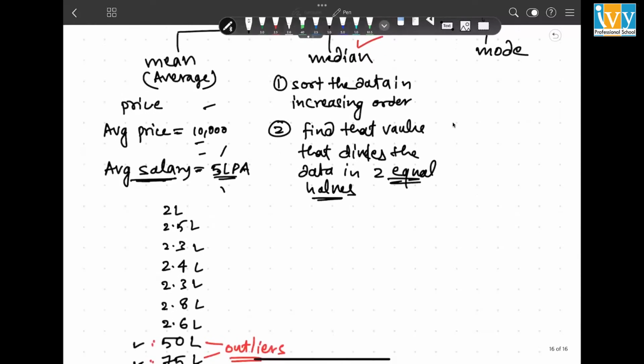Giving you a very small example, let's say 1, 2, 3, 4, 5.